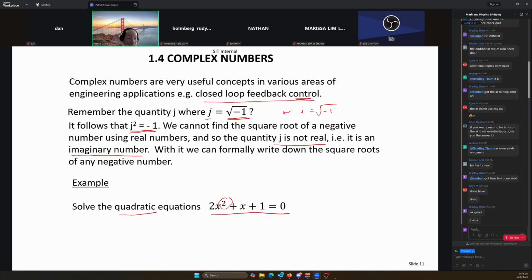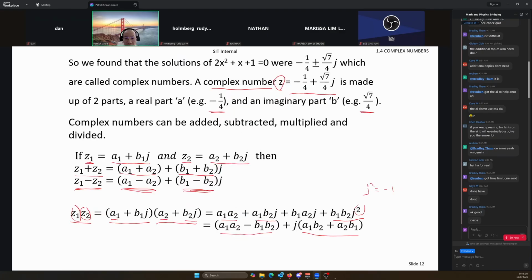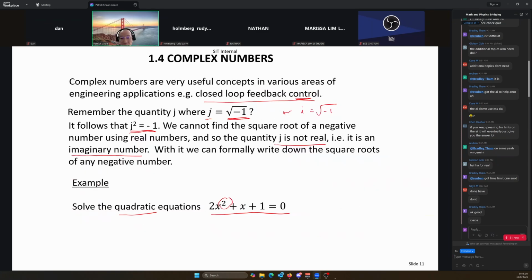So we then solve it using the formula for equations that cannot be factorized, and therefore we were able to find the answer for x.